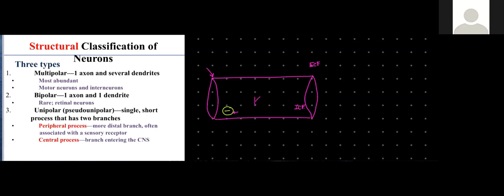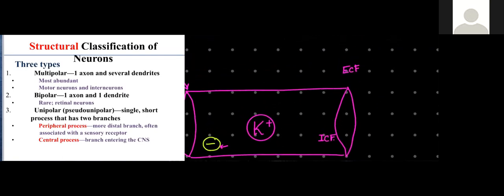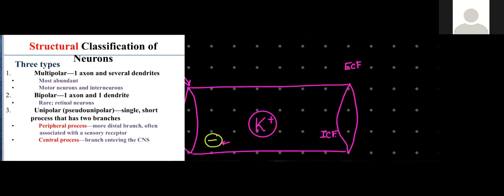What is the major cation located inside your cells in the intracellular fluid compartment? Inside the cells, I have potassium. Potassium is going to be present inside the cells at much greater concentration levels compared to the outside of the cell. Compared to outside of the cell, the major cation of the extracellular fluid is going to be my sodium.